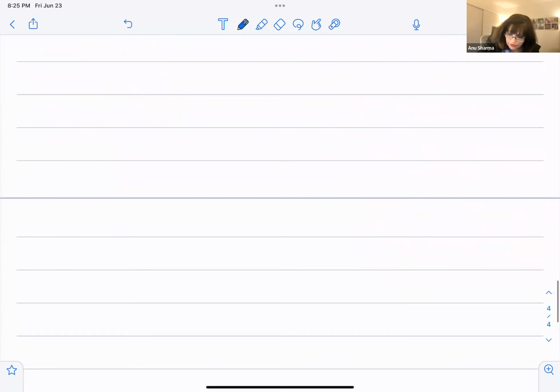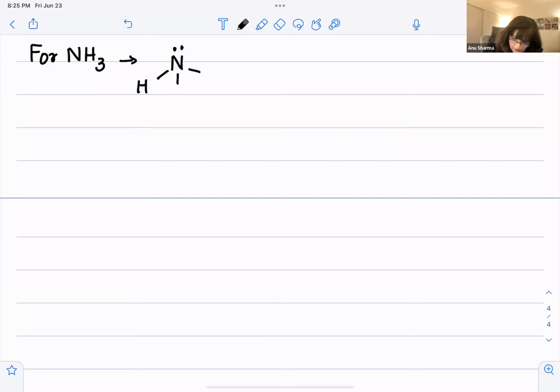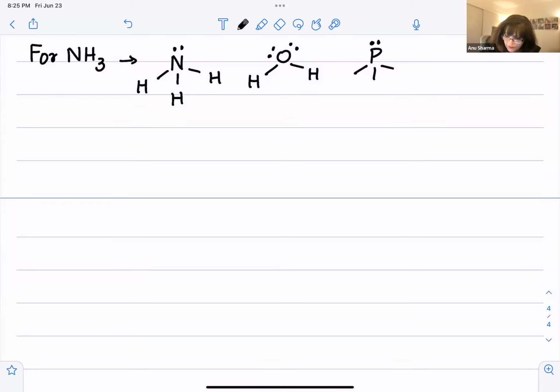Next thing is, I'm just going to give you for ammonia, for molecules like NH3, right? NH3 looks like this. This is the structure. Water is like this. Anytime there is a lone pair, and I'm going to just look at this one also, 1, 2, 3, 4, 5, 6, 7, 8.